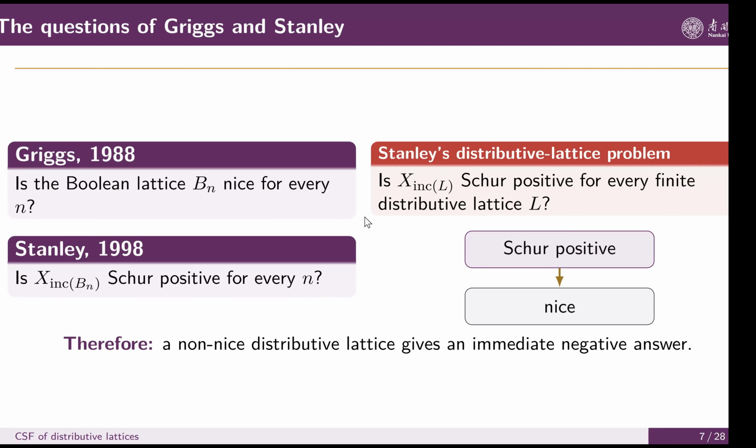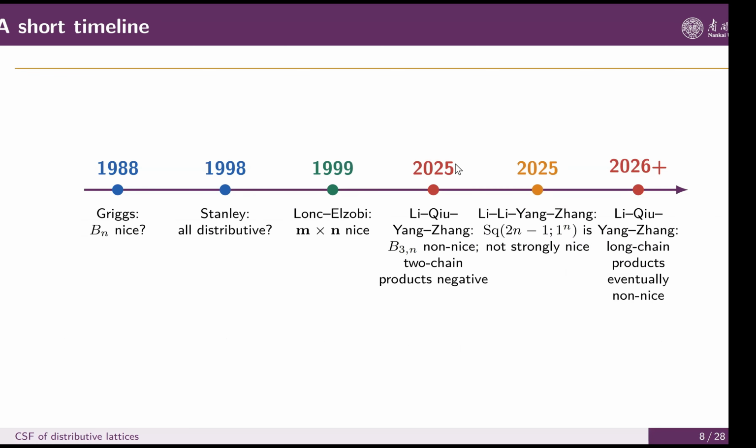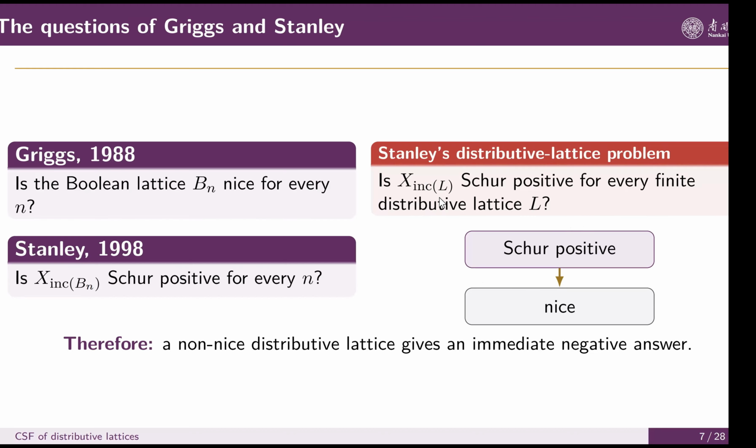Stanley also has a wider problem on distributive lattices: for any distributive lattice L, is the chromatic symmetric function of the incomparability graph inc-L also Schur positive? So it's not only for the Boolean lattice, but also a question for all distributive lattices.